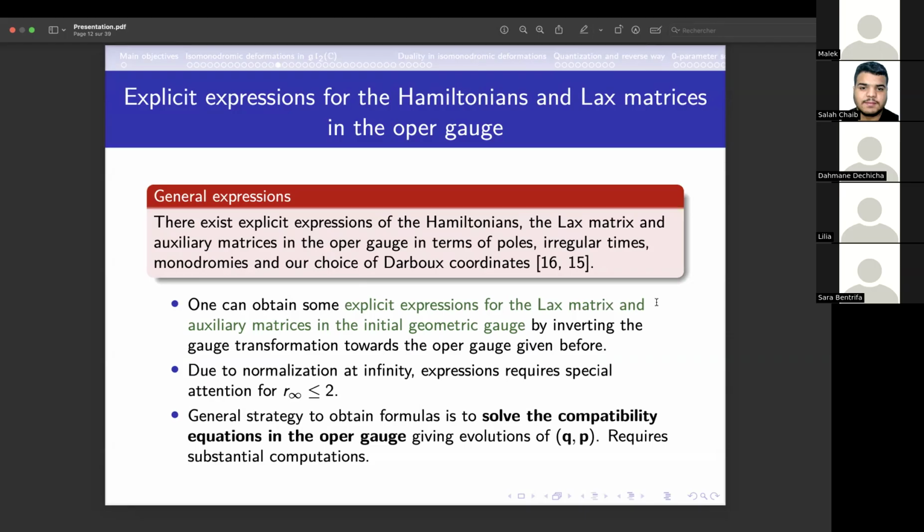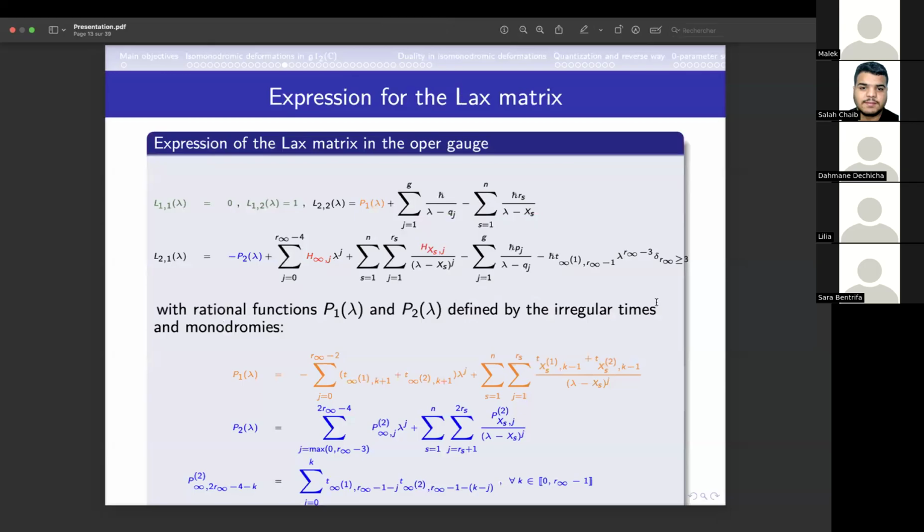But you have to pay attention really to the order of the poles, because whenever a pole order changes, everything could get really a little bit messier. So this is more or less what I get for the expression of the Lax matrices in the upper gauge. Okay, expressions are horrible.